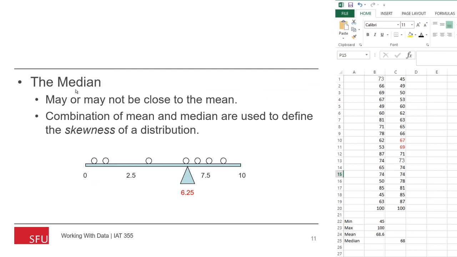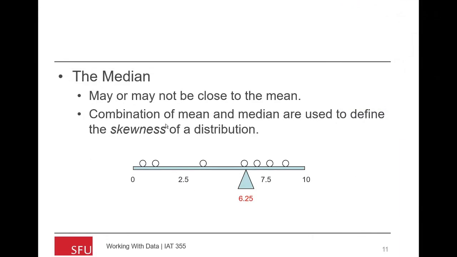So the median may or may not be close to the mean. Part of the reason why we're interested in it is because the median sometimes gives different values than the mean. By definition, the median is the middle value in the sequence of values in the data set.